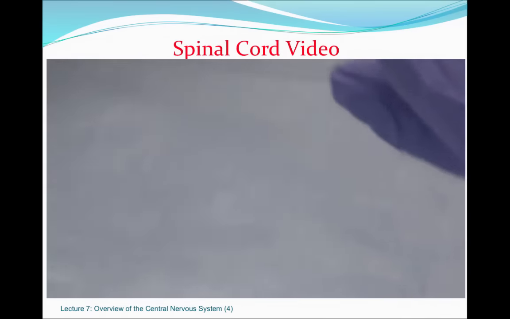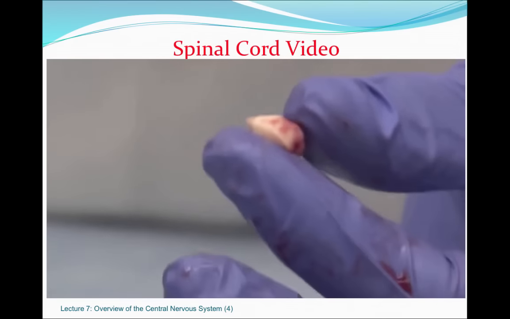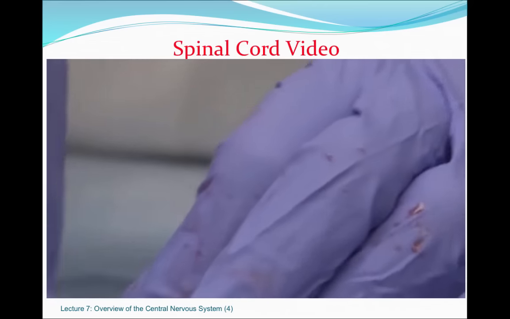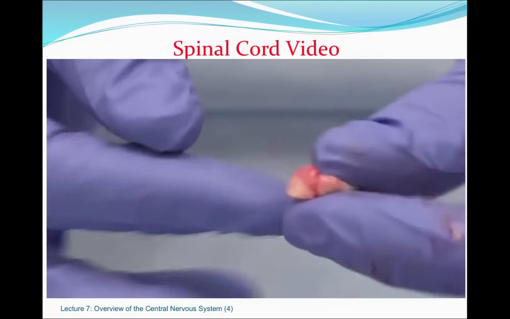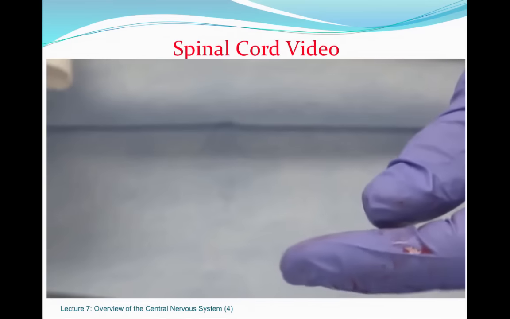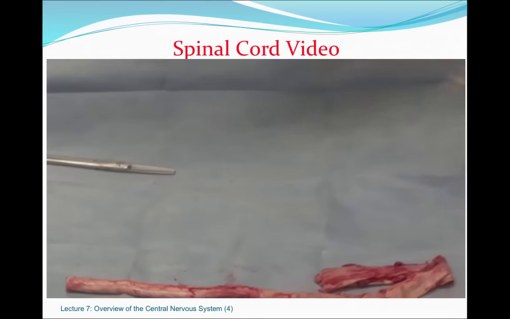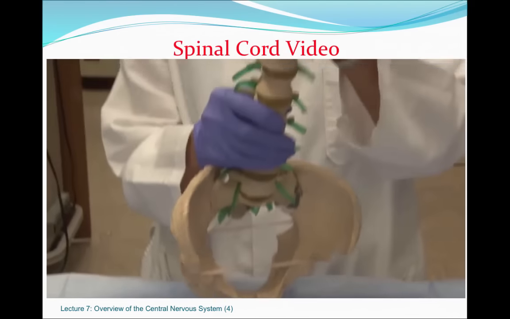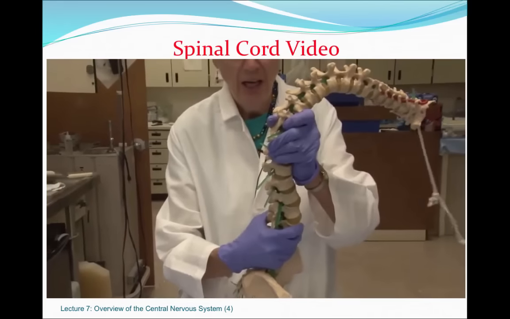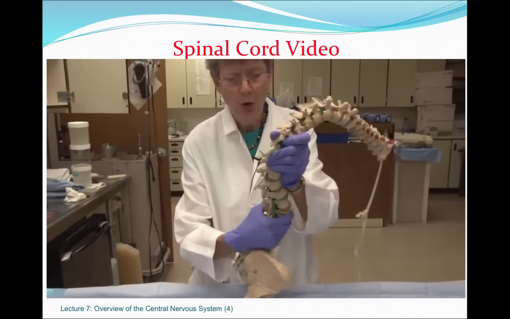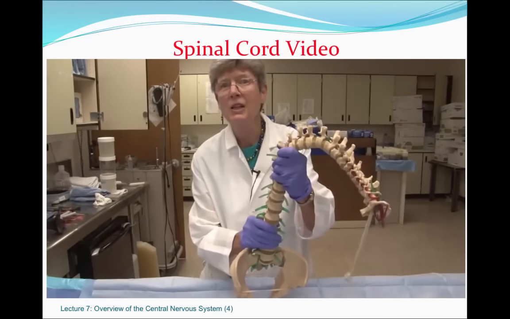I can show you that this tissue is totally soft. It's as soft as a piece of gelatin. And so you can imagine if there was a subluxation. Subluxation is when the spinal column suddenly, with trauma, goes one way or another, and the disc or the bone can temporarily compress the spinal cord that is within it.